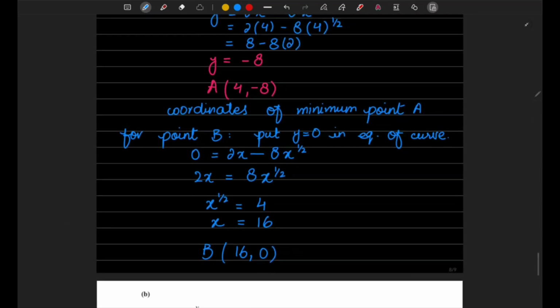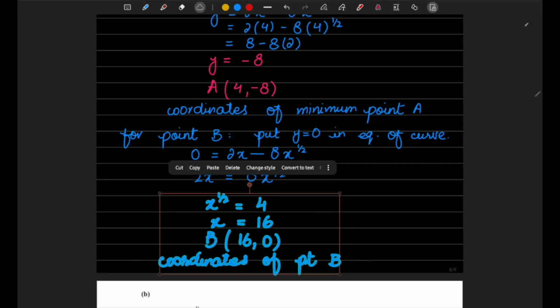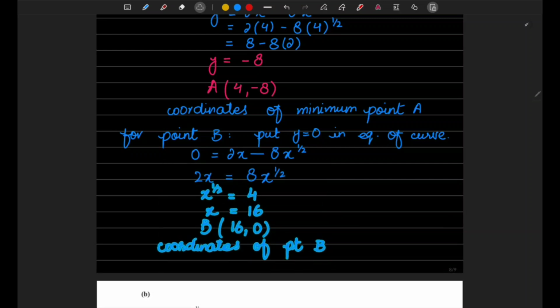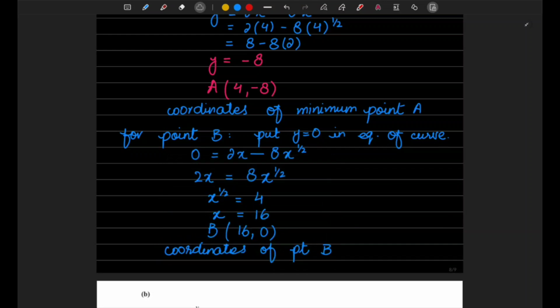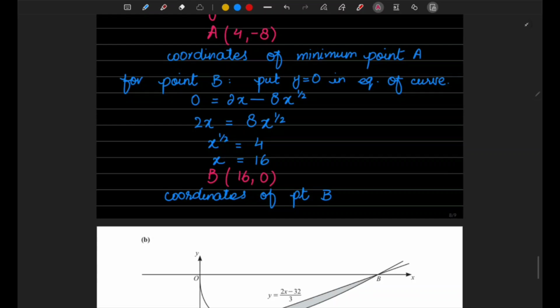These are the coordinates of point B. Okay, this is all about part A.